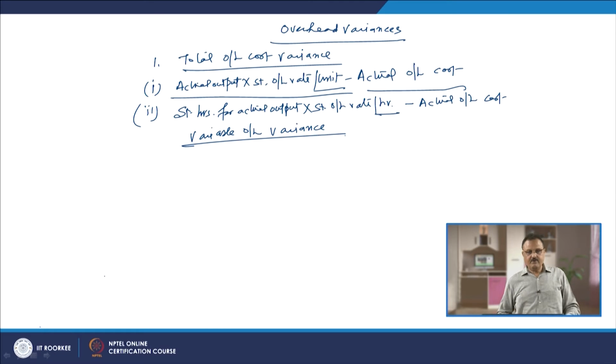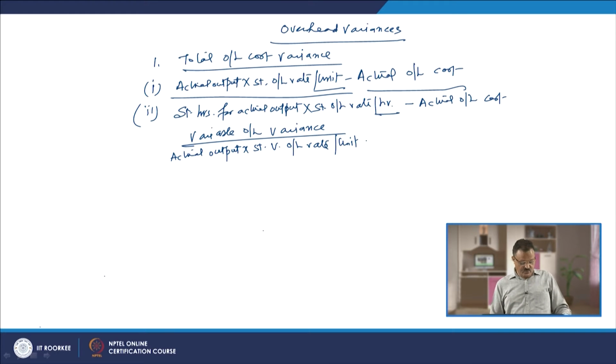and fixed overhead variance. First we will learn how to calculate the variable overhead variance, and the formula is actual output into standard variable overhead rate per unit, minus actual variable overhead cost.